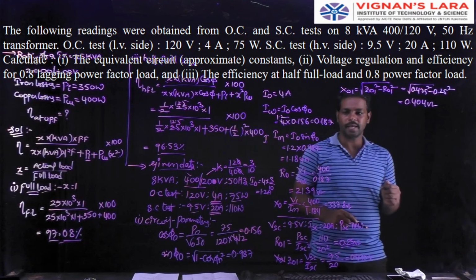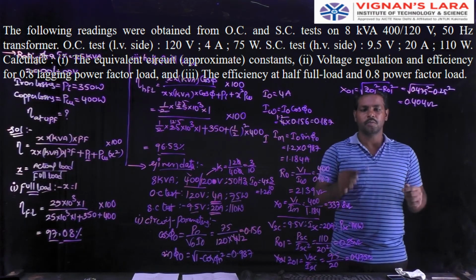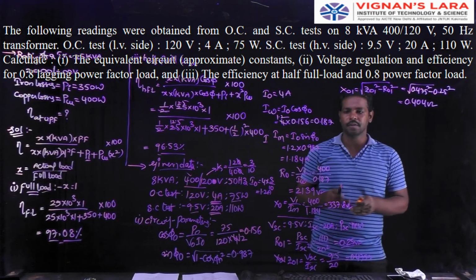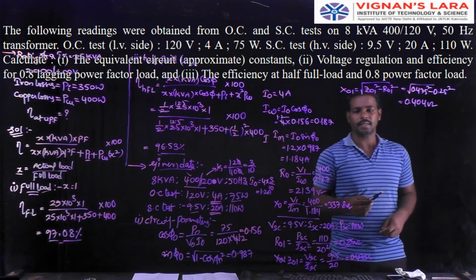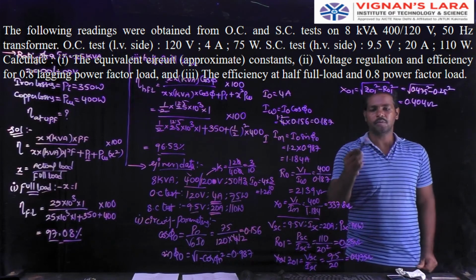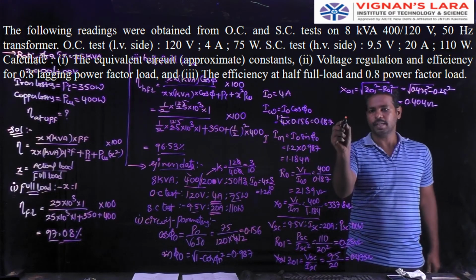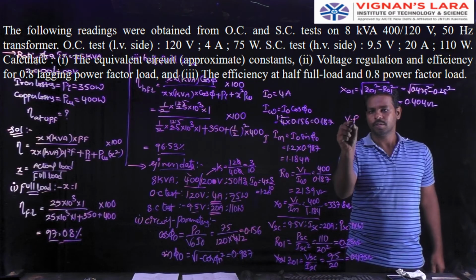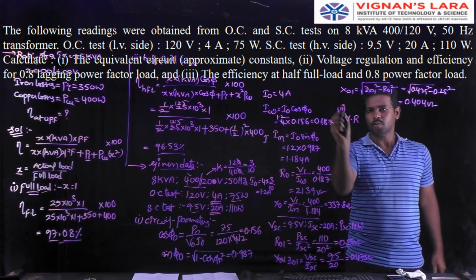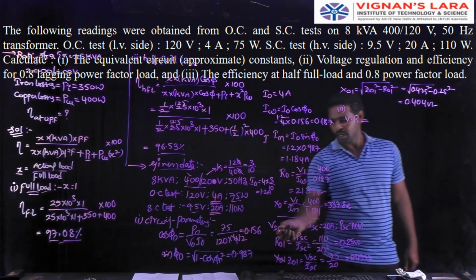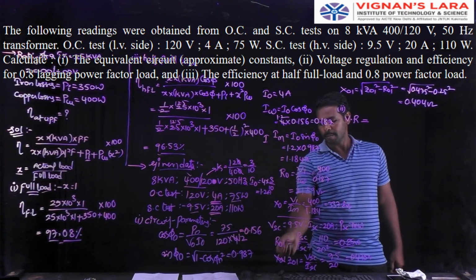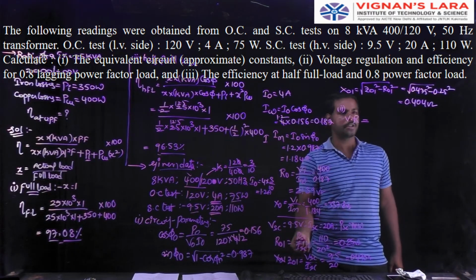The second bit is voltage regulation and efficiency for 0.8 power factor load. To find the voltage regulation of a transformer, we already know the three parameters R01, X01 and Z01.